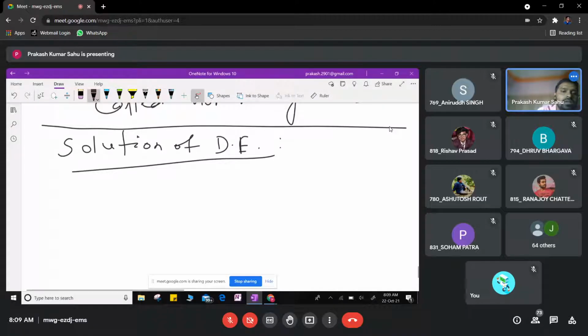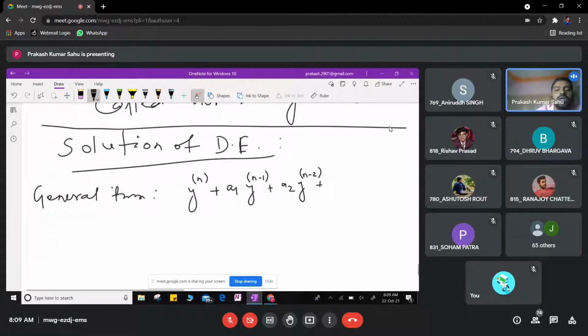Suppose you see the general form of a linear differential equation. Suppose I am writing this as y^(n) plus a1 y^(n-1) plus a2 y^(n-2), similarly up to a(n-1) y dash plus an y is equal to f of x.